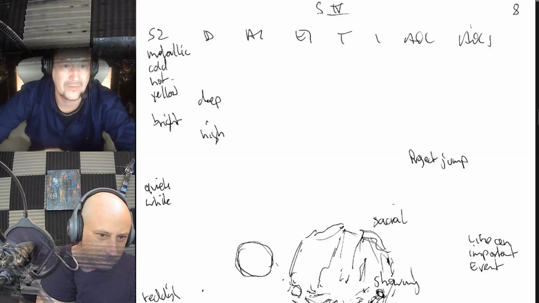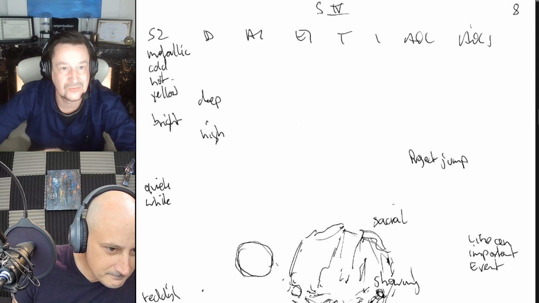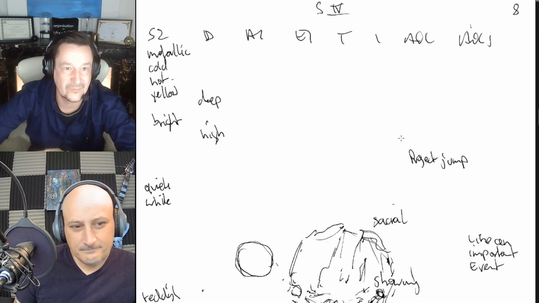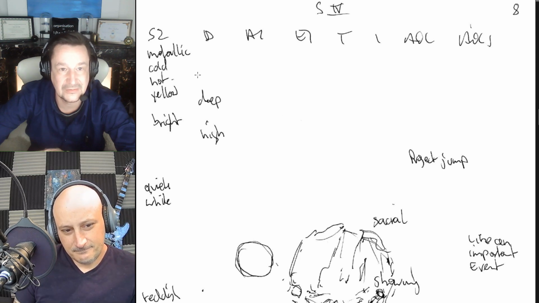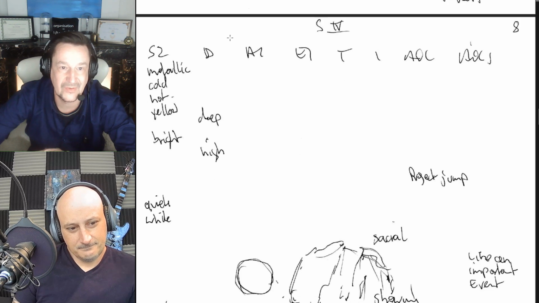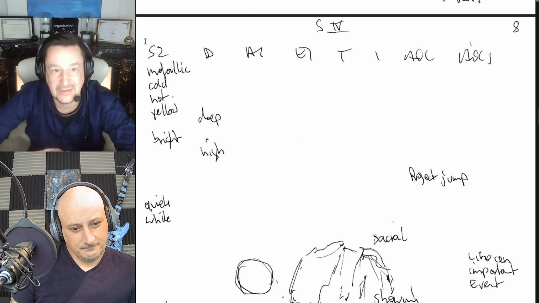So let us come to my session, stage 4 from the Roswell crash. I want to talk a little bit about cluster building. You can see we've got stage 2 impressions here: metallic, cold, hot, yellow, dimensional pops in, deep, white, high. Came to an analytical overlay, and I went back here.